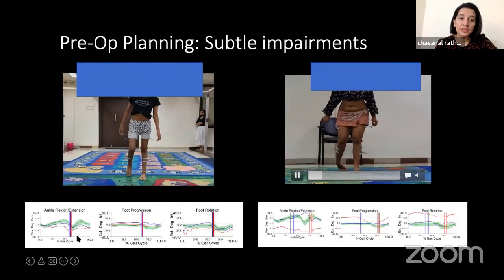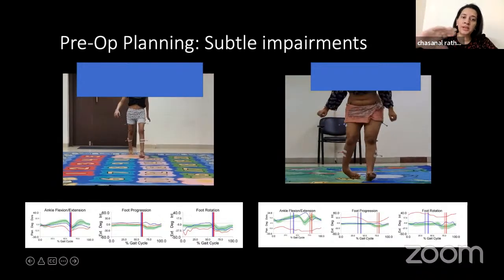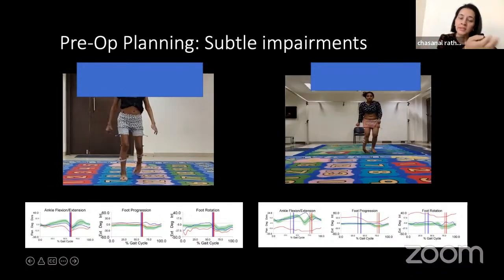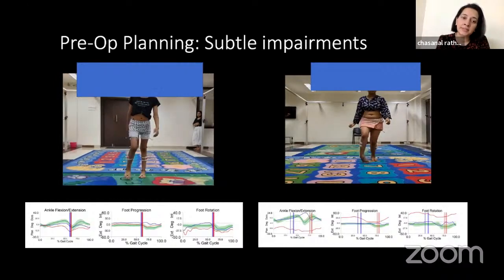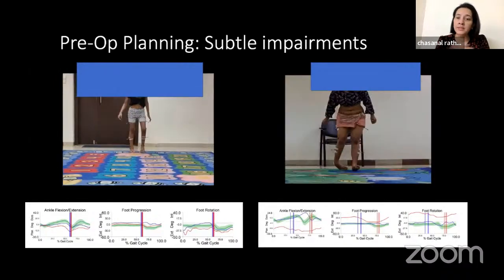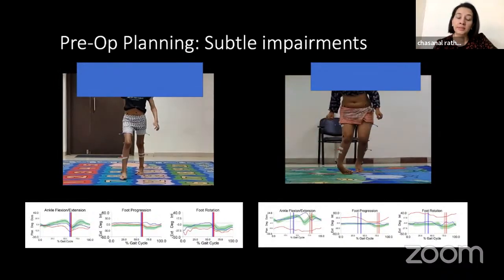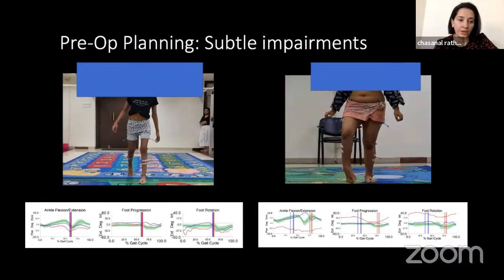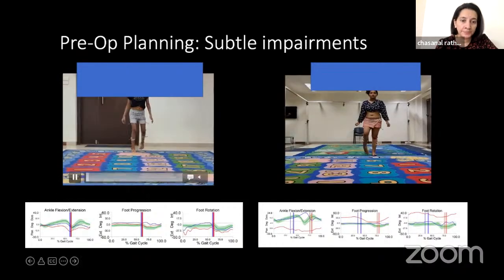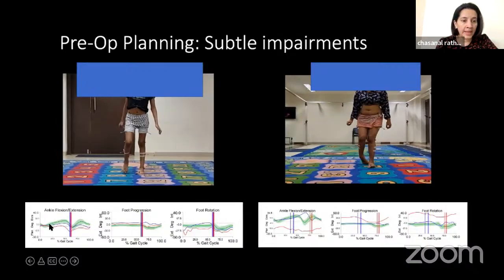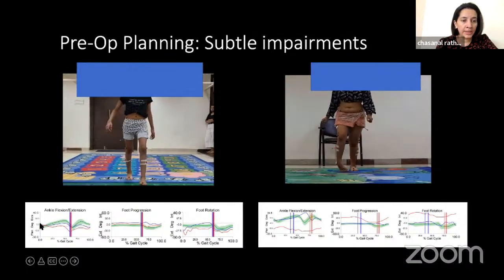So now for both these kids, you see both the kids have a slight equinovarus. The child on the left side has much more equinovarus, and the right side is a severe equinovarus. So if you see this child here, you will see that the ankles are not following the green, they are into equinus.